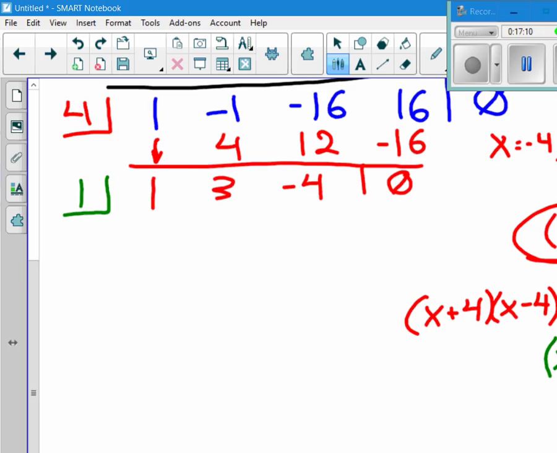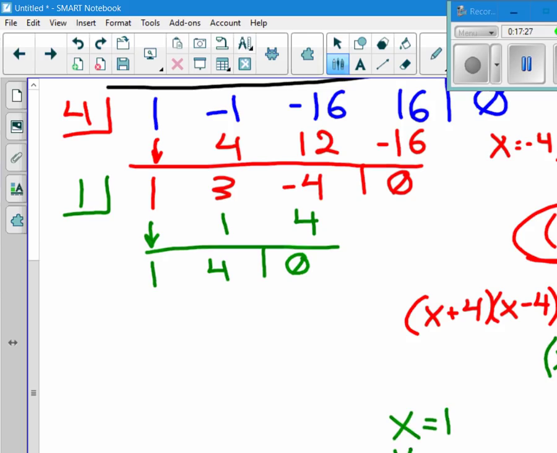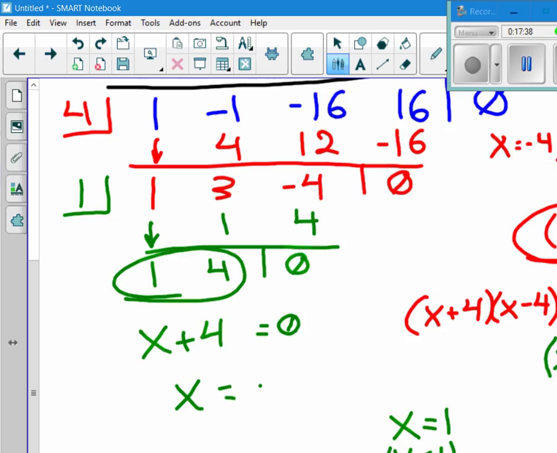So this was root 1. Drop the 1, multiply by 1. 3 plus 1 is 4, times 1 is 4, minus 4 is 0. So x equals 1 is a root, so x minus 1 is a factor. And then x plus 4 is your other factor, which implies that x equals -4 is a root.